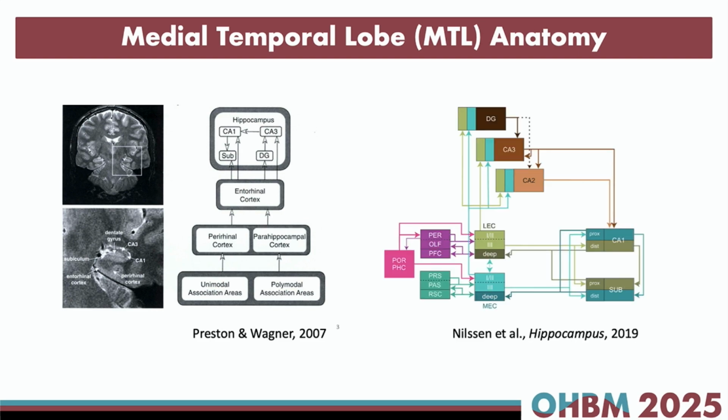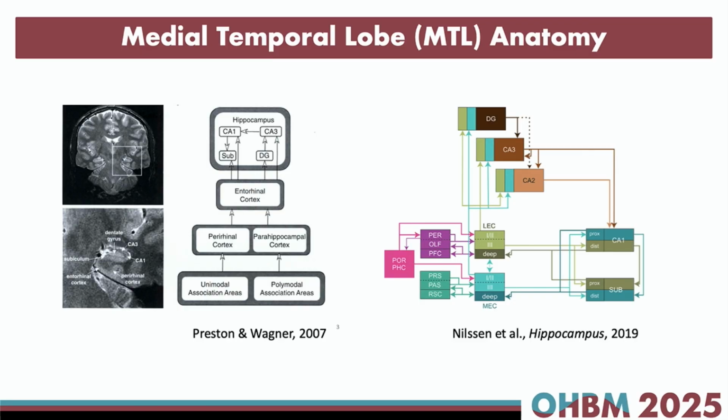Like I mentioned before, much of what we know about the human MTL has been gleaned from studying both rodents as well as non-human primates. Some of the beautiful work that we've heard from the previous speakers, as well as from Menno Witter, for example, has shown that we know about the connections through this circuit from entorhinal cortex into the hippocampus and back out again.